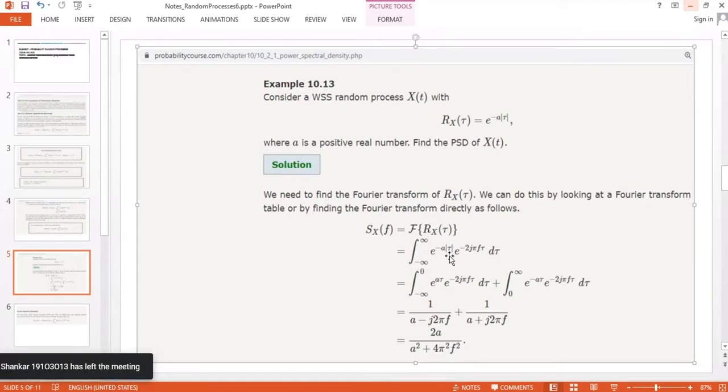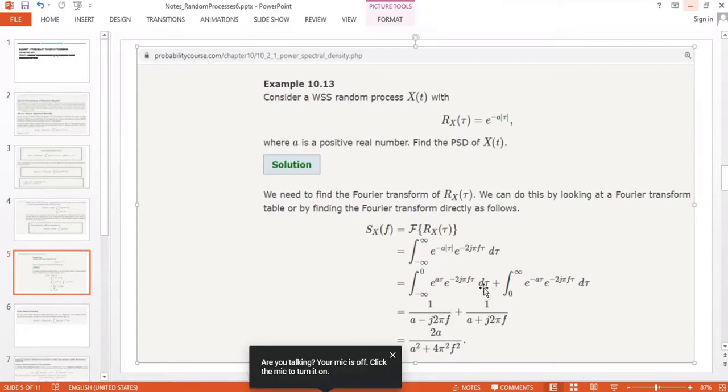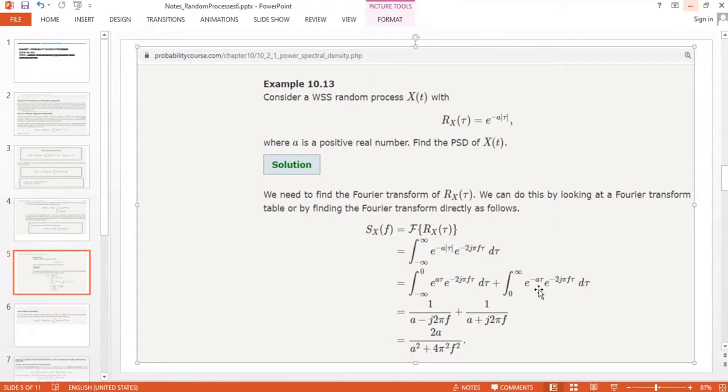Here you know that the absolute of tau has a different definition in different domains. When tau is less than 0, the absolute of tau will give you minus tau, and then minus a times minus tau becomes e raised to power a tau, and this kernel as it is, d tau. Similarly, when tau is ranging from 0 to infinity, the absolute of tau is actually tau, so minus a tau, e raised to power minus 2j pi f tau, d tau.